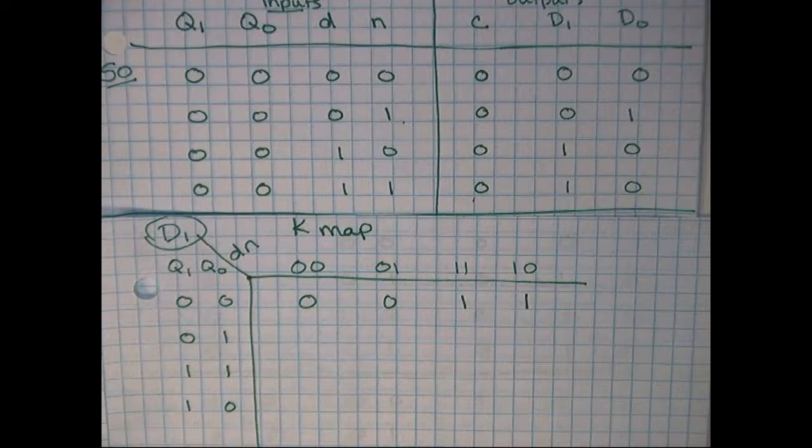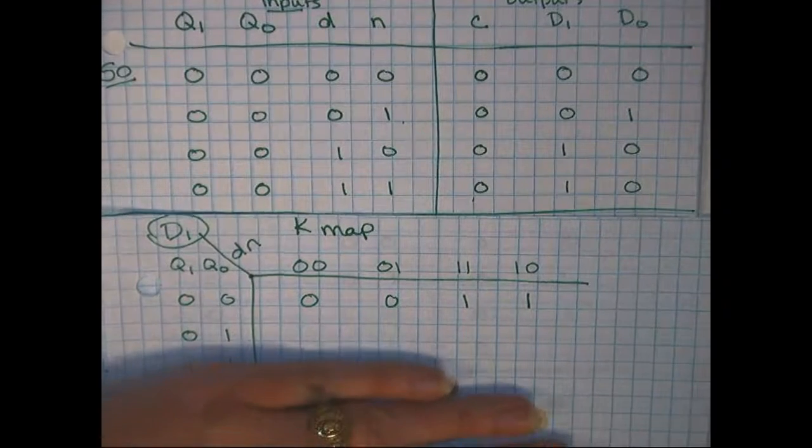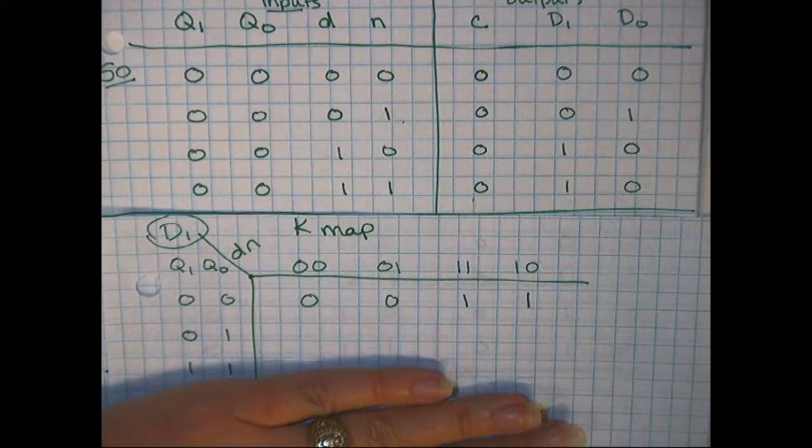Okay, do the next row. What is the next one? Okay, I'm going to give you just a second to do the next row, and then we're going to do it together. That way you can try.